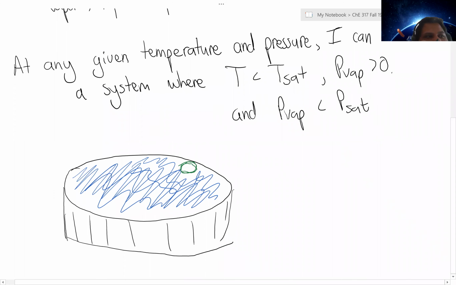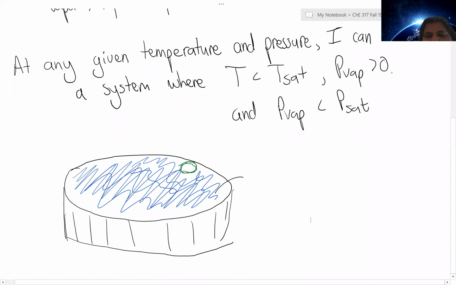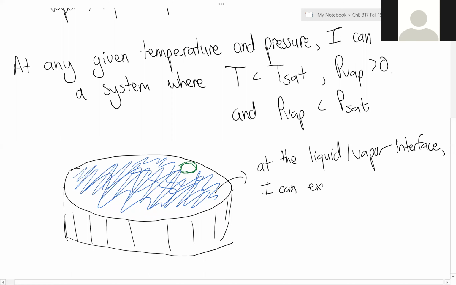And so at this liquid vapor interface, I can expect evaporation to occur.